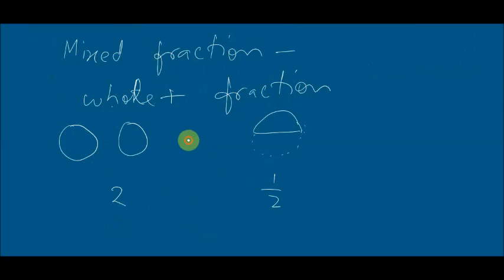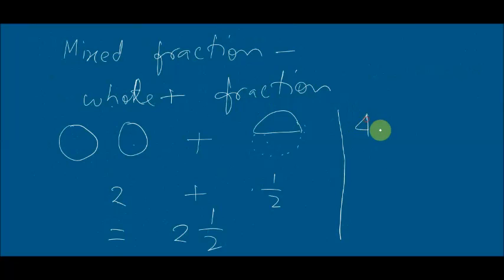So we add the fractional part and the whole part. What are we left with? 2 plus 1 by 2 means just bring the 2 near this one directly. It is a very clear concept for writing any mixed fraction.